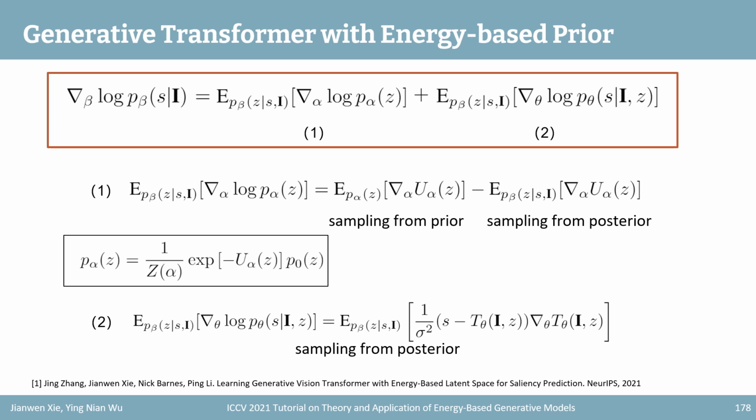Now again, we use MCMC sampling to sample the intractable posterior distribution to approximate the expectation term. The update of the EBM prior still needs an MCMC to sample from the EBM.